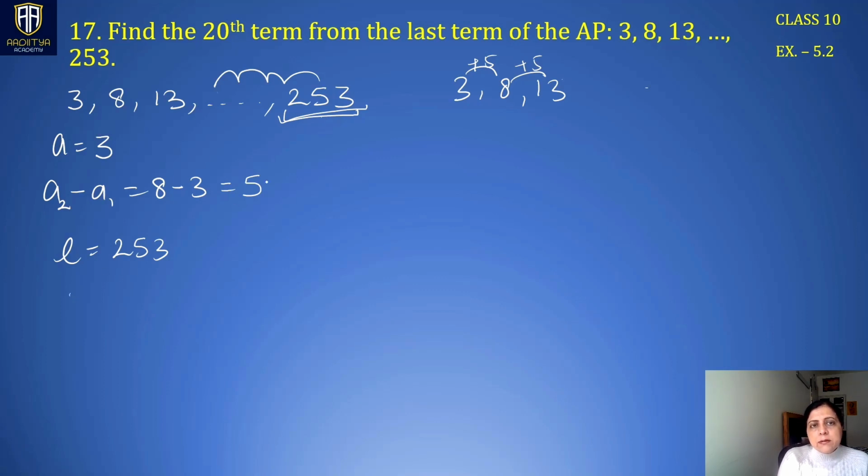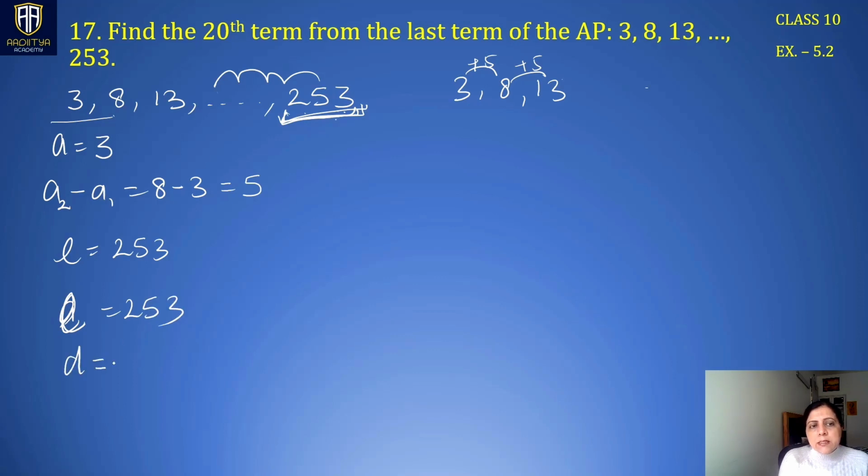I can start with a_n. Your first term here becomes your 253. This is the last term, and since we are moving backwards, this becomes our first term. And you have to find a20 from here. So here, I'm writing l as the first term, which is 253.